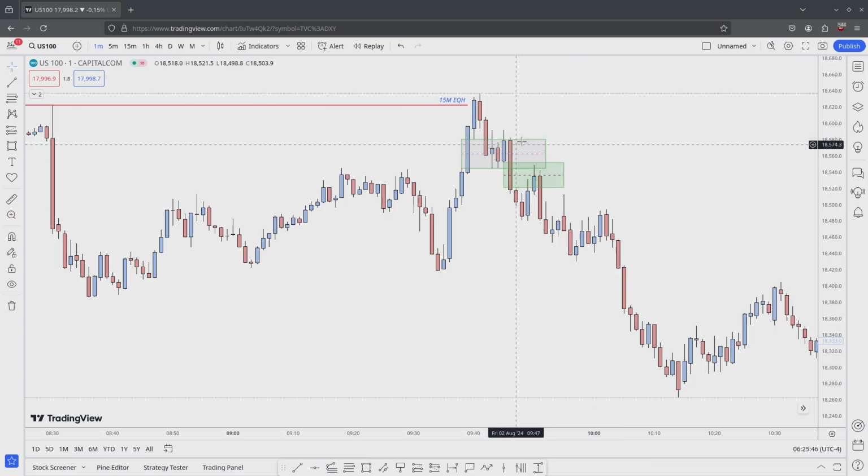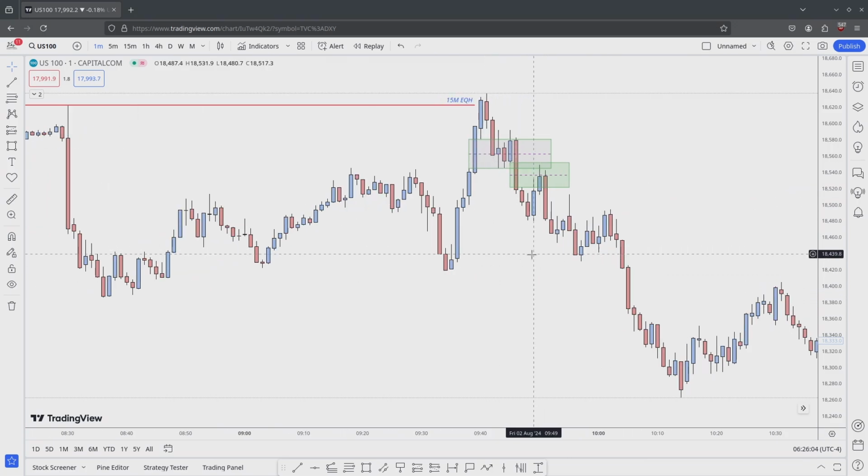Did we have an impulse move? Yes, we did. We traded below this short-term low here, and we have traded through that inversion with a big bold down candle. Do we have a clear draw on liquidity? Now, don't get confused over here. We have a clear draw on liquidity on the higher time frame, but this draw on liquidity is going to be the draw on liquidity that you anticipate price to trade to on your lower time frame.